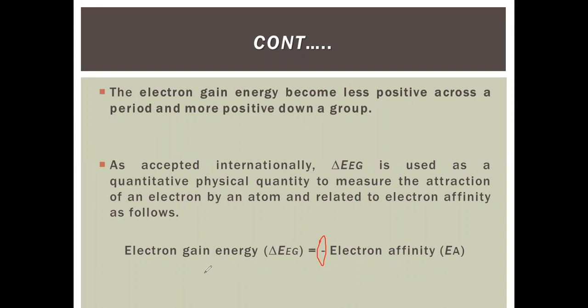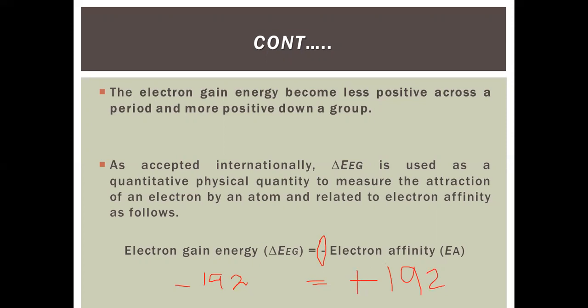So if the electron gain energy is 192, then the electron affinity of that particular element is minus 192.